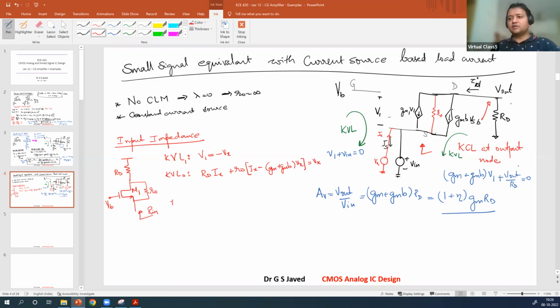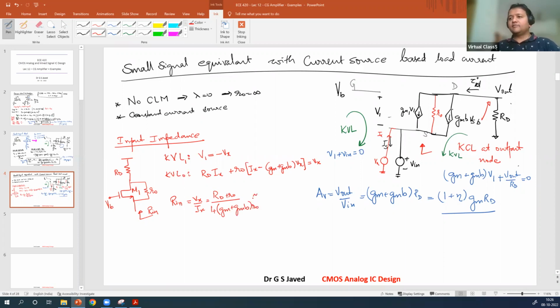Now if you simplify both of these, you get Rin as Vx over Ix, and that is given as RD plus R0 over 1 plus gm plus gmb R0.